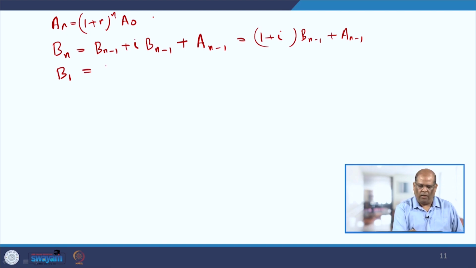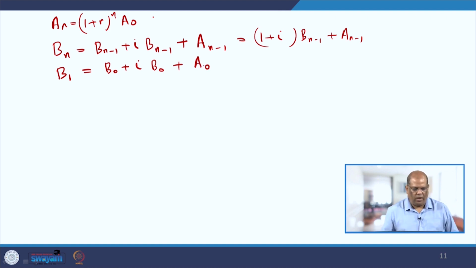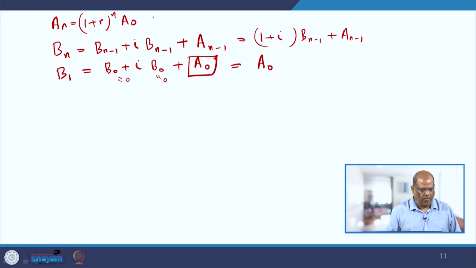So, this will be B0 plus I times B0 plus A0. Now, initially B0, there is no balance, because the initial investment starts from here, which is 20,000. So, your B0 is 0 in this case, and you are left with only A0, the initial balance.